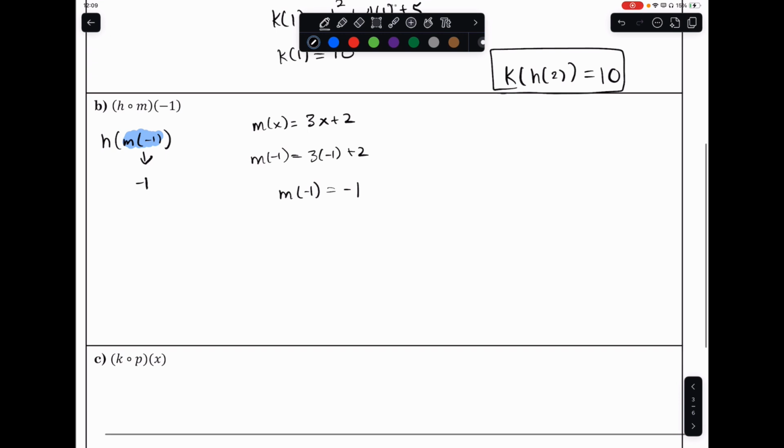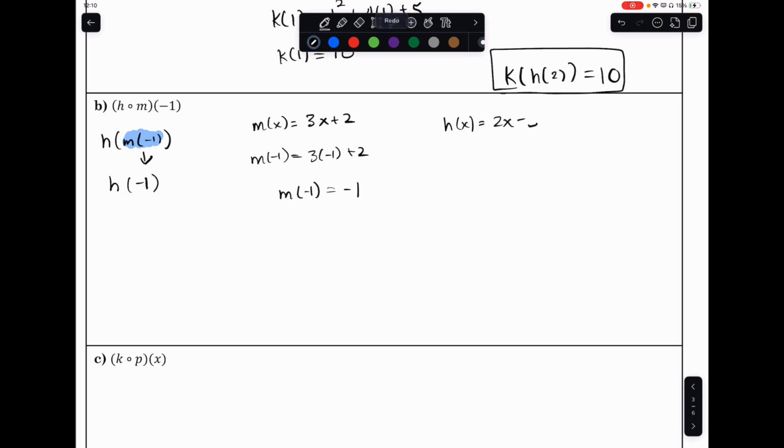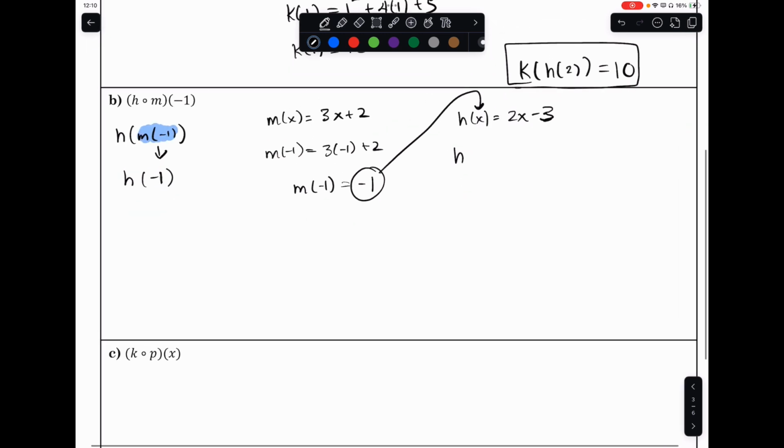So replacing that with negative 1, we're now going to evaluate the function h at that input of negative 1. What is h? H was 2x minus 3. We're now going to plug negative 1 into the x of h.